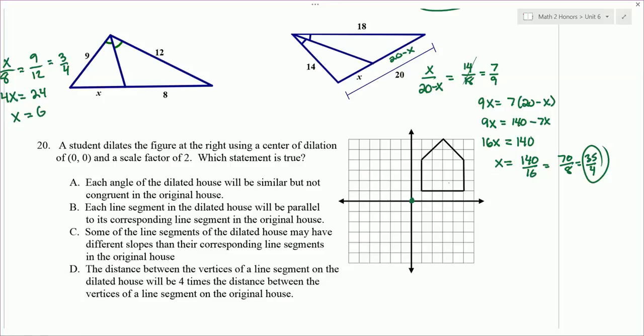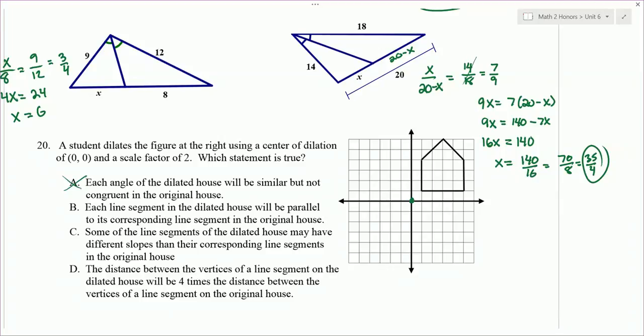So our options are A, each angle of the dilated house will be similar but not congruent. That's false because we know angles are congruent when the figures are similar. B, each line segment in the dilated house will be parallel to its corresponding line segment in the original house. That sounds true. We'll come back to that.